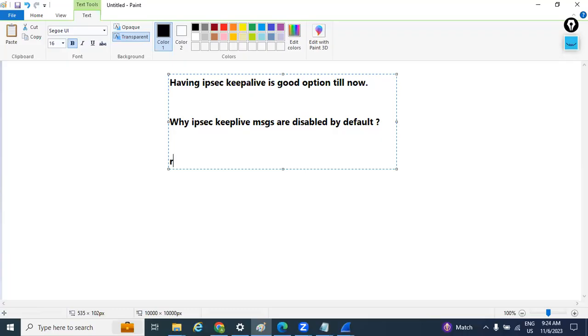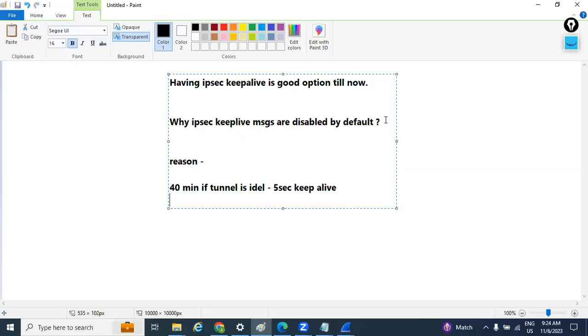The reason is because for the next 40 minutes, if the tunnel is idle, okay, so then what is there? Obviously, during the 40 minutes, after every 5 seconds, you are exchanging the keep alive. Let's consider after every 5 seconds you are sending the keep alive here.